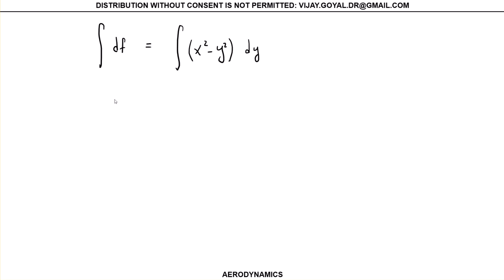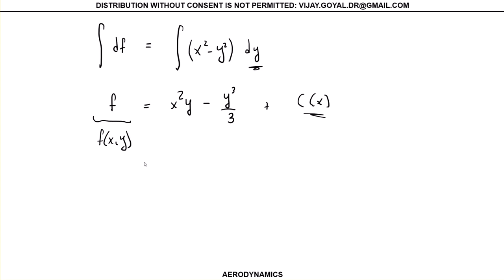And when I integrate this, you find f is actually equal to x squared times y minus y cubed divided by 3 plus a constant c, which is a function of x. Why is it a function of x? Because I'm integrating in y. When you integrate in y, you're going to get the constant in the other variable, because remember that f is nothing else than a function of x and y.